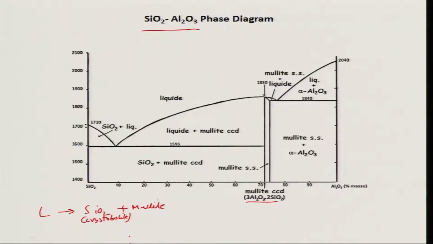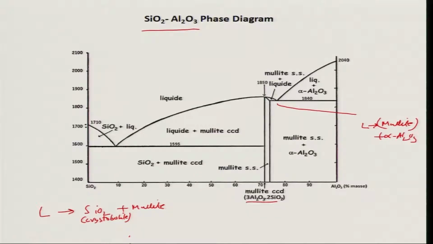You can see that. And then we have another eutectic reaction. That is this one. Here liquid forms mullite solution plus alpha aluminum oxide, correct. That is what it is. And other than that, there is nothing much.